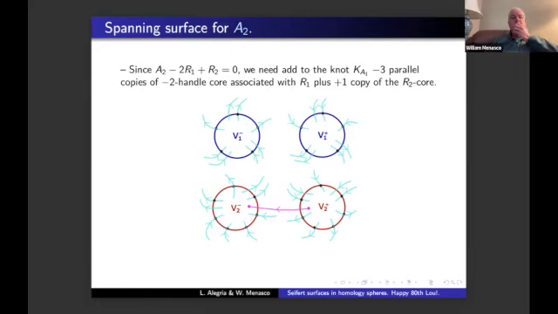And so A2 is again negative twice the first relator plus once the second relator, equal to zero.